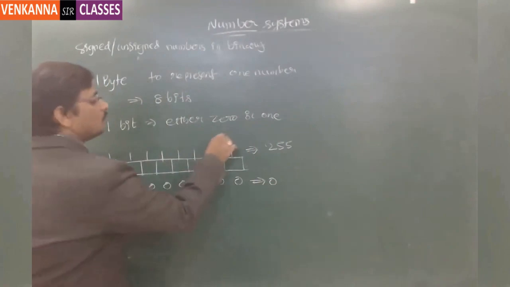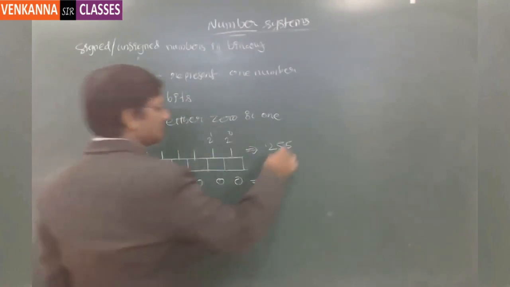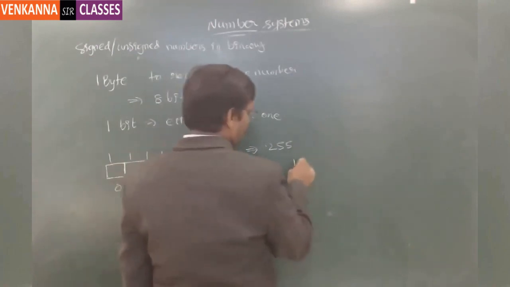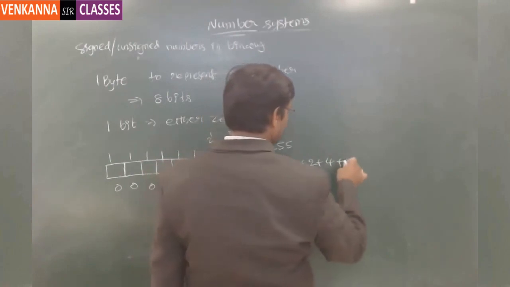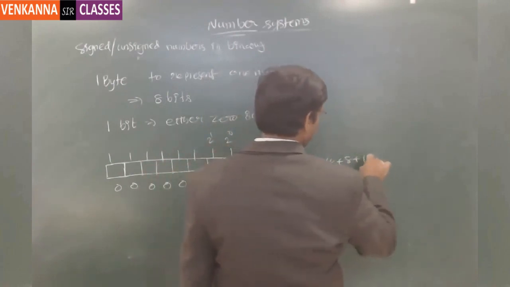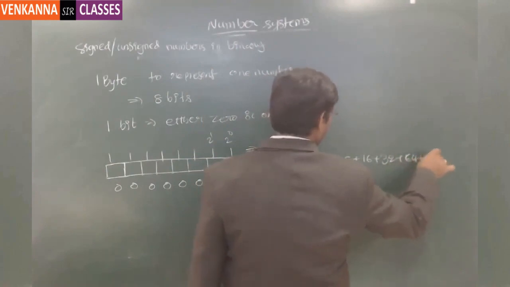So this is 2 power 0 and 2 power 1. If you add all these things, this is going to be 1 plus 2 plus 4 plus 8 plus 16 plus 32 plus 64 plus 128.